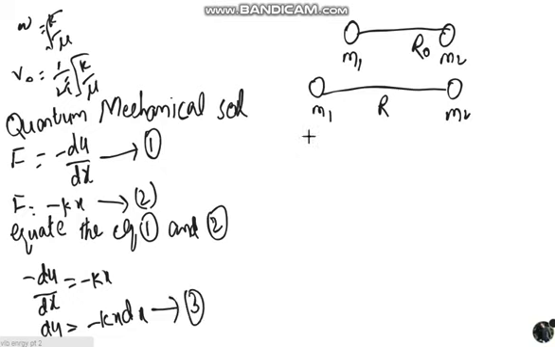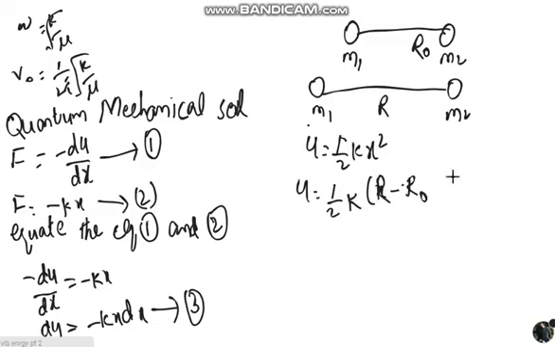By integrating this equation, we get U is equal to 1 by 2 kx square. Now x is the distance, which is x minus r naught, so U is equal to 1 by 2 k into (x minus r naught) whole square.